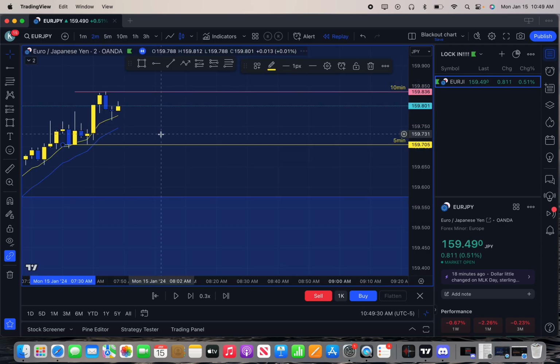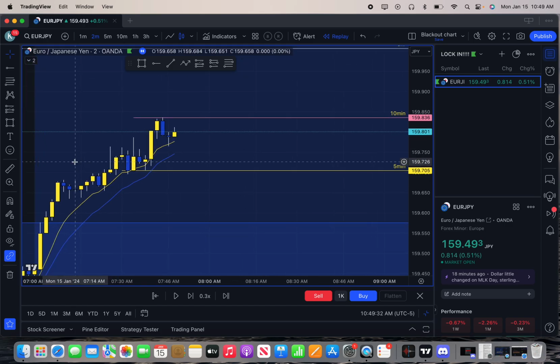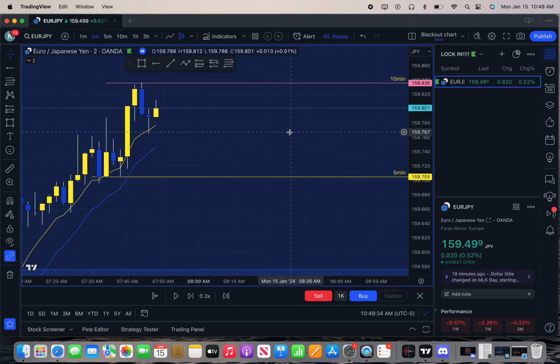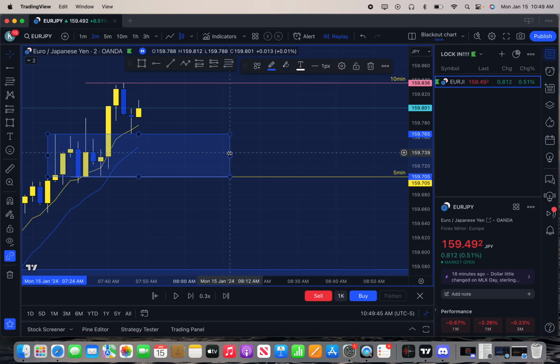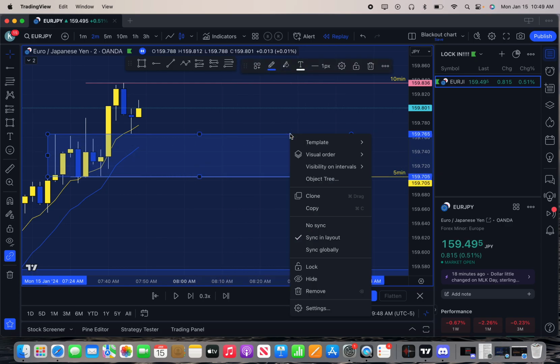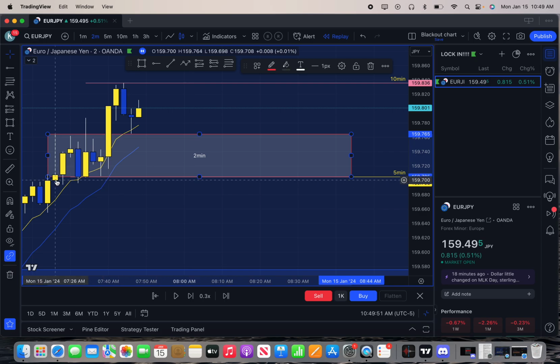So I'm going to go ahead and go to the 2 minute and look at this zone. So this was the first trade that I took for the day because the high was pushed up to here. Price couldn't break. It broke here, gave a second candle push. So for me, all of this is high probability. It's all high probability 2 minute for me.